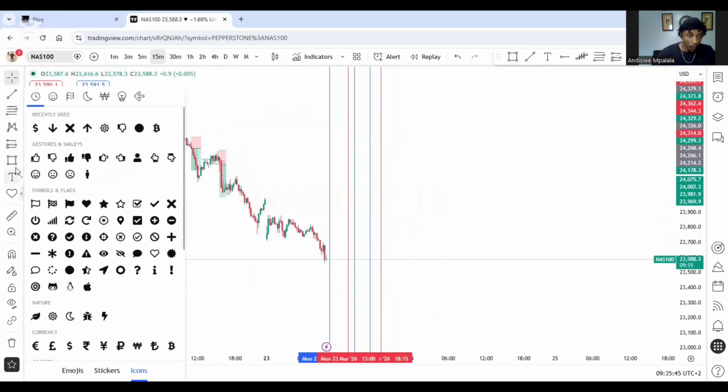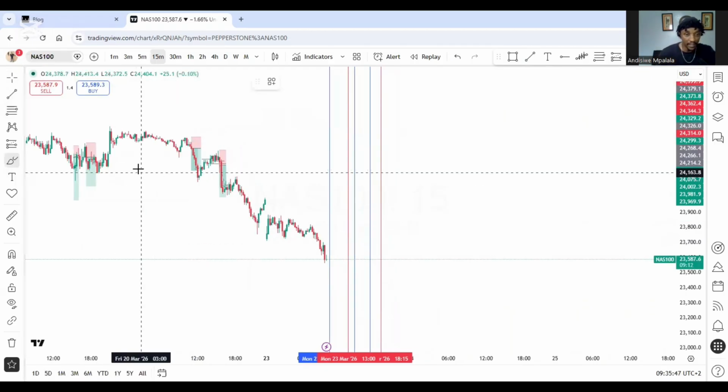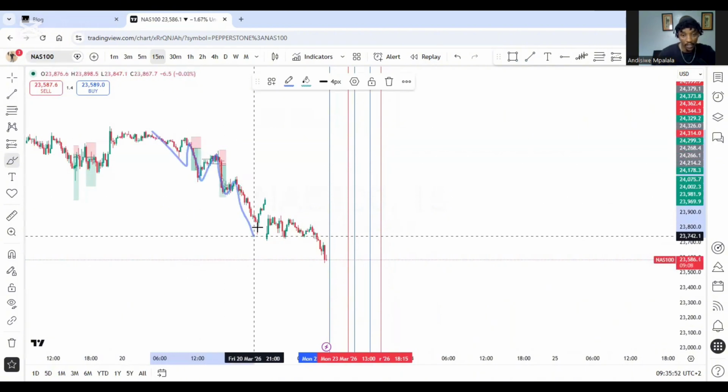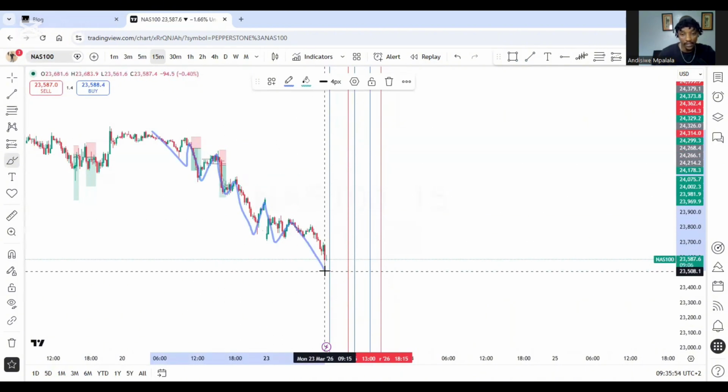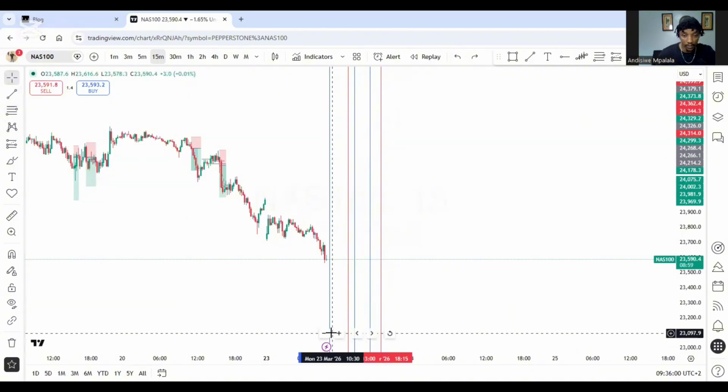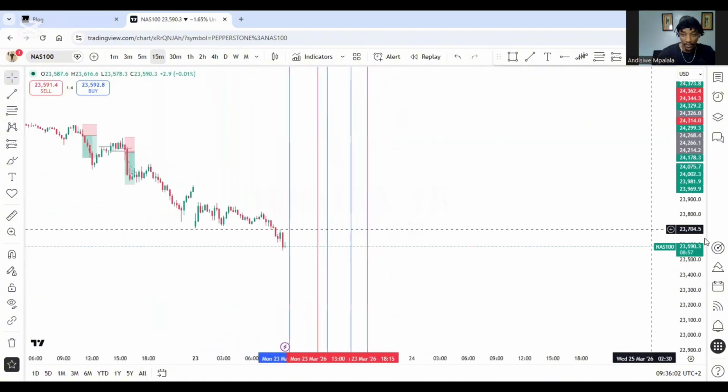Right now we are being bearish. The market is making lower lows, lower highs, lower lows, lower highs. So for today, at least, we can say we are bearish.